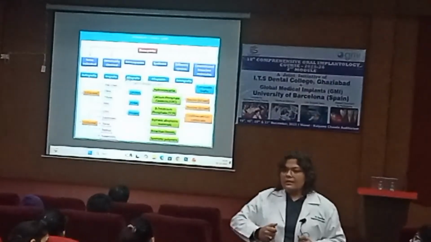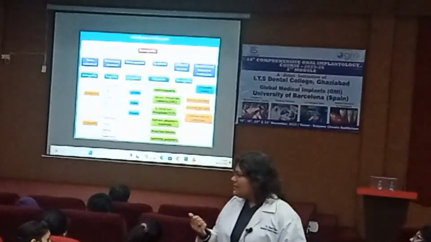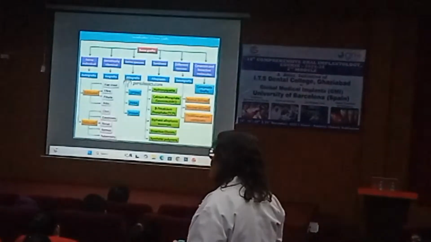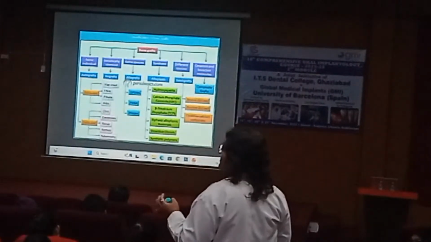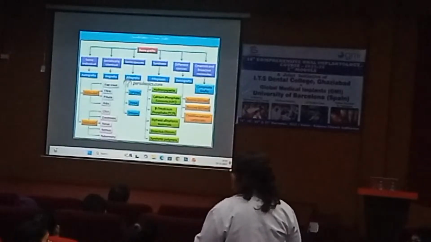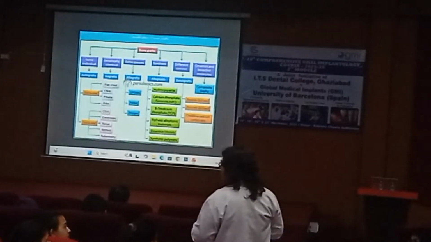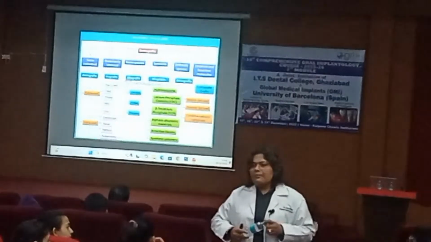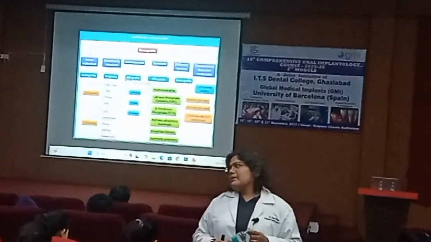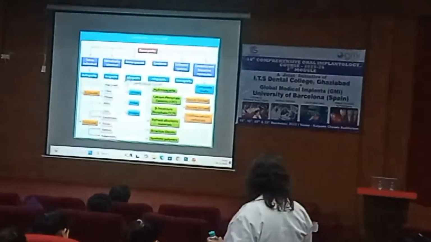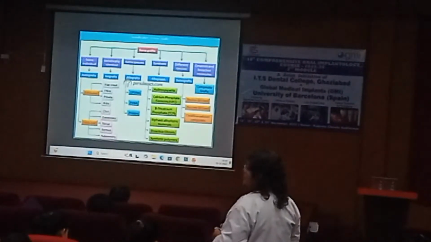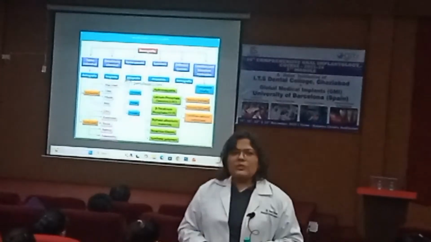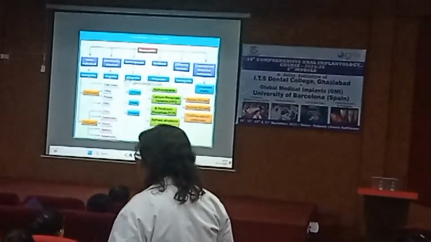It can be in the form of a paste, sometimes called putty, or in the form of granules, which is also called morsels. So nowadays the most common graft in dental implantology is alloplast, sometimes mixed with xenograft or sometimes mixed with autograft, right? And the xenograft is from other species, and the major species we use is bovine, right?